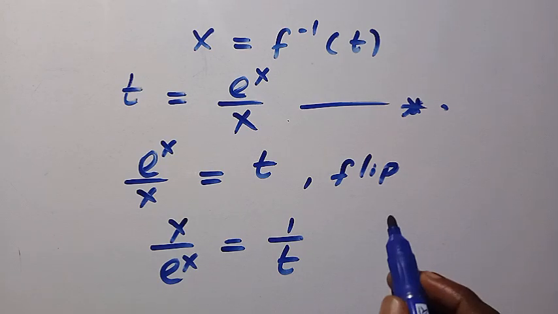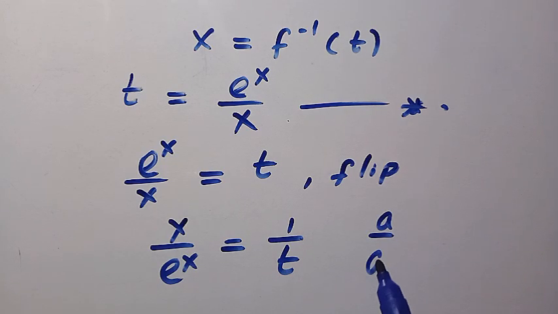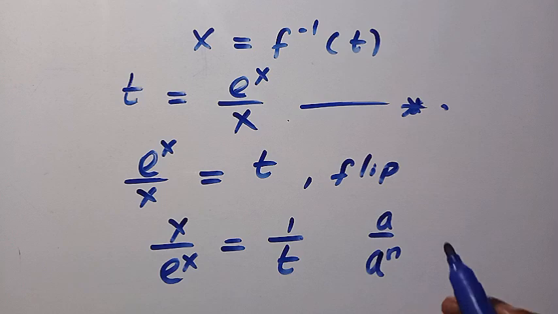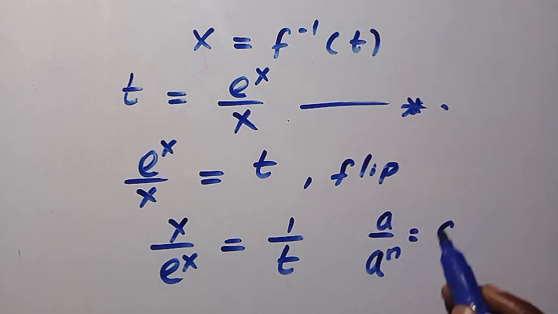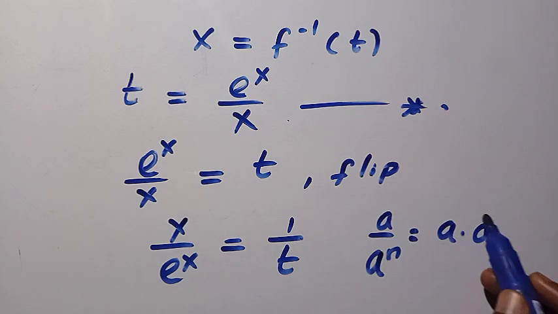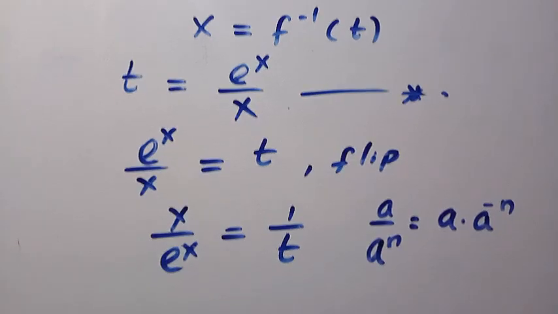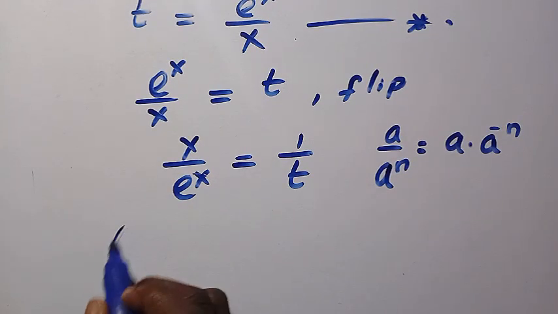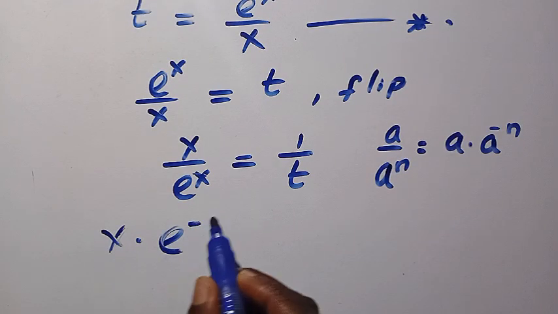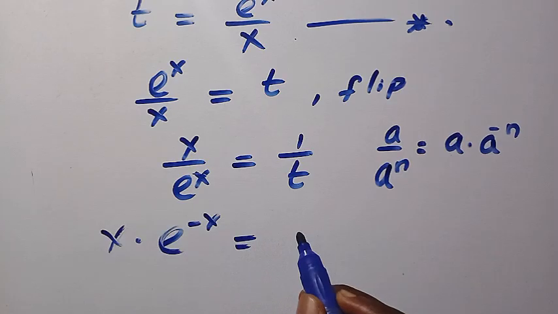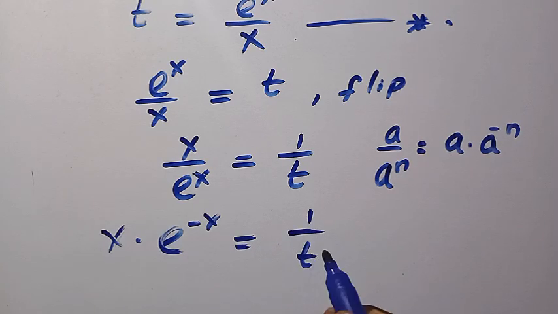And if we have a raised to the power of n in the denominator, we have this as a multiplied by a raised to the power of minus n. So we change this 1 over e power x to x multiplied by e raised to the power of minus x. So here we have x times e power minus x equals 1 divided by t.